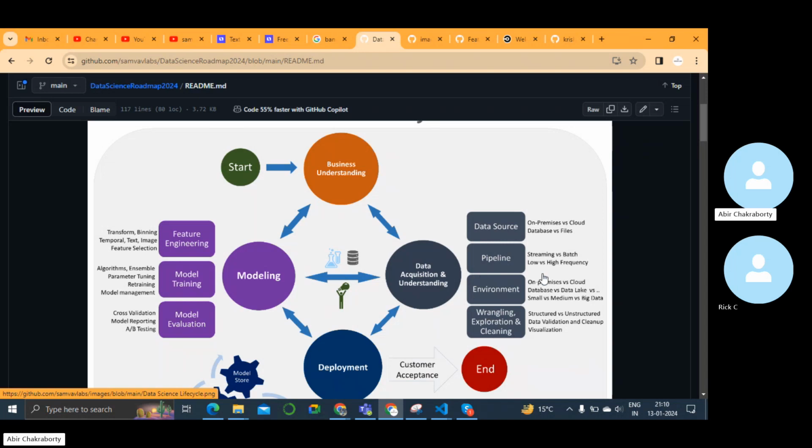Before moving on to EDA, our data should be cleaned and wrangled, and it should not have any null values. We should remove all the null values and any inconsistencies my data has, so that I can put my data in a structured, consistent format. Only then can I move further into exploratory data analysis.